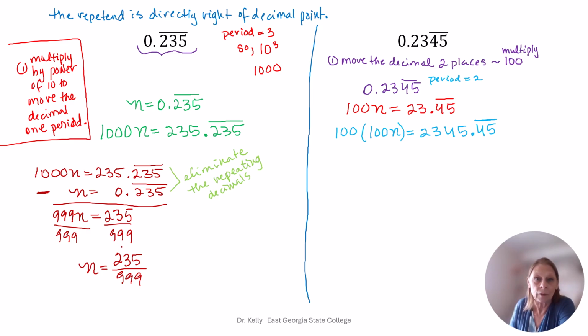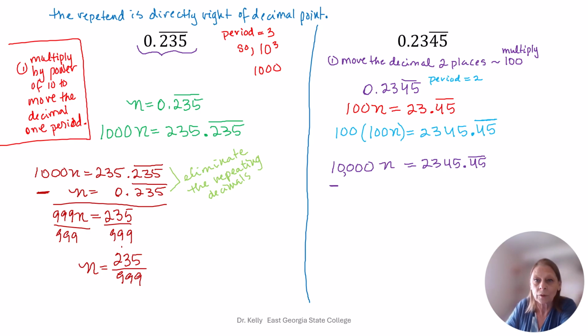And now we can put the math together and do the subtraction. So let's see, that is 10,000n is equal to 2345.45 repeating. And then we're going to subtract, and now we have to be able to subtract off.